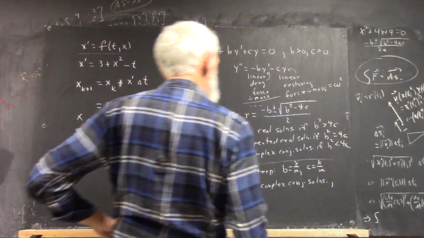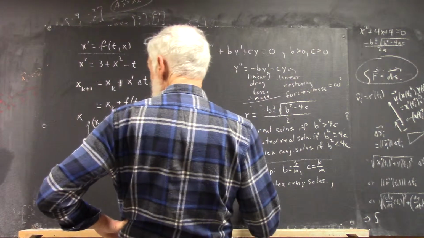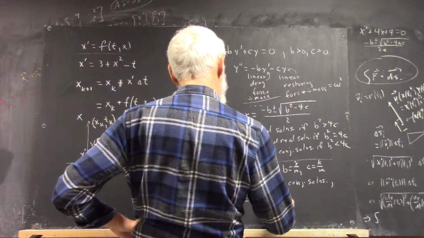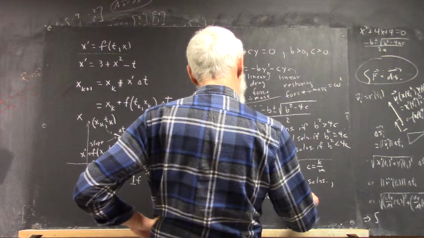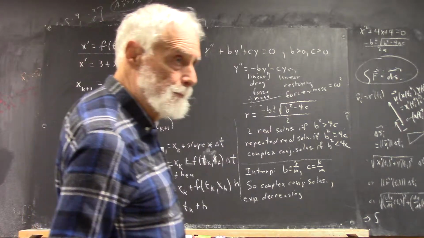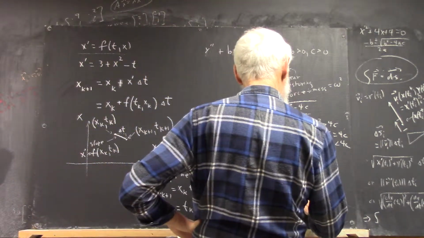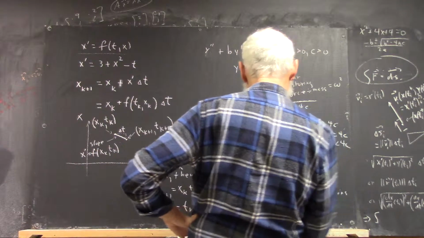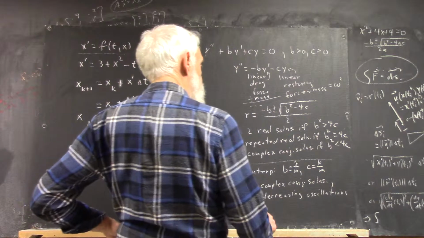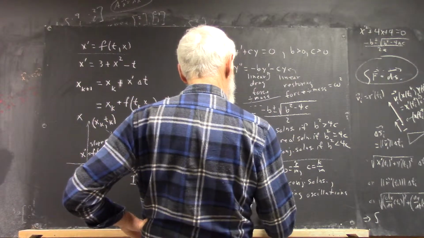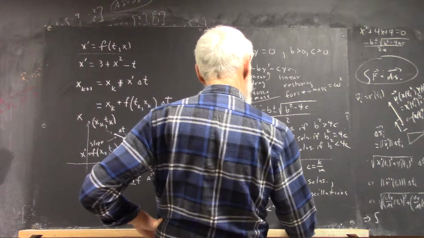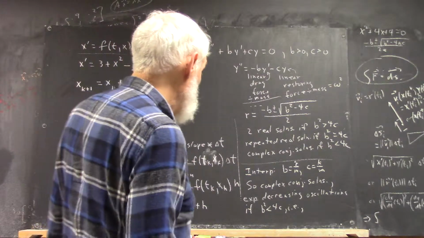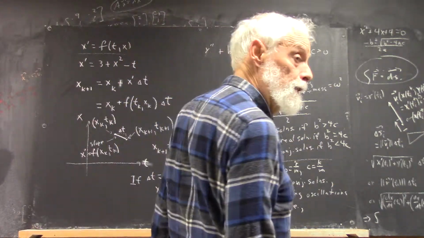To get complex conjugate solutions, exponentially decreasing oscillations, if B squared is less than 4C, which comes down to gamma squared is less than 4K.